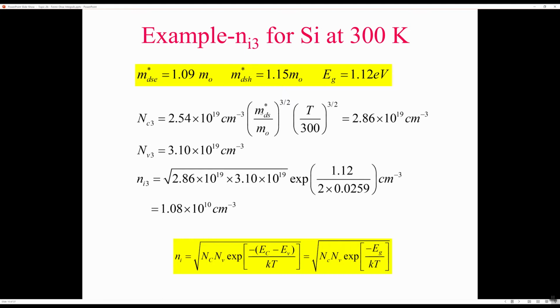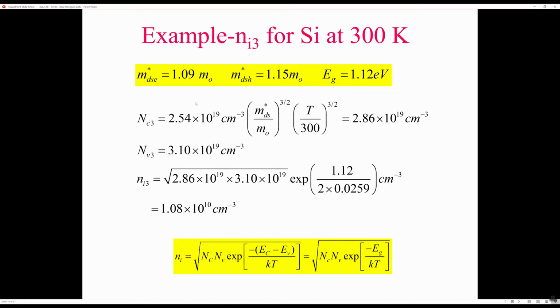Basically you're going to have m naught here, and you use a value like 1.09 m naught, and the m naught here will cancel each other. That's why you say m naught here, and you multiply with this value. And that's how you do it.